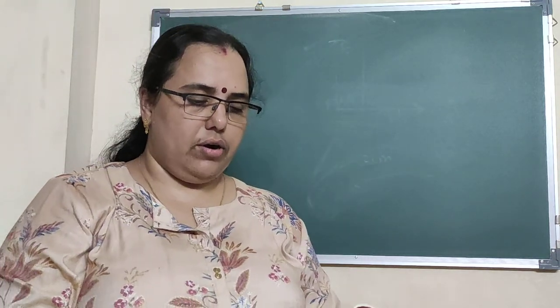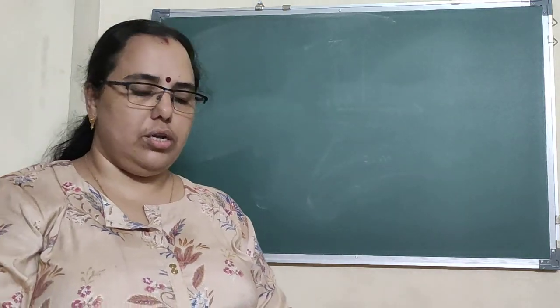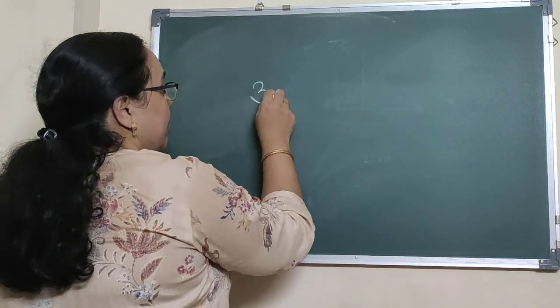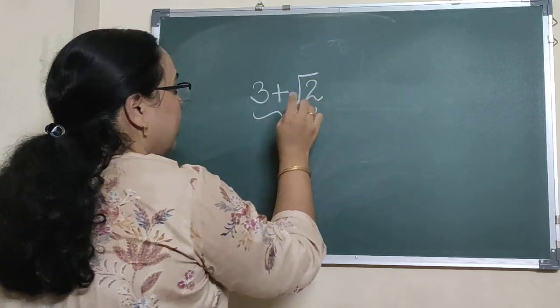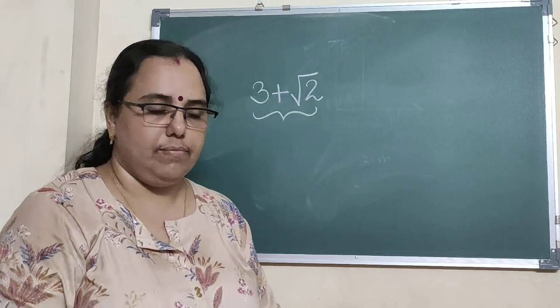Properties of irrational numbers. Addition or subtraction of a rational number with an irrational number is an irrational number. That means if I have a rational number added to an irrational number, this is an irrational number. Is that very clear?